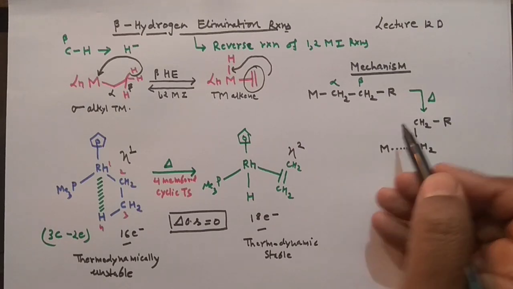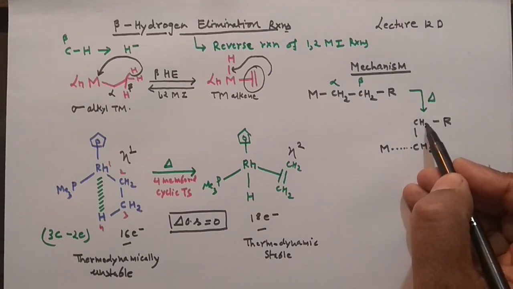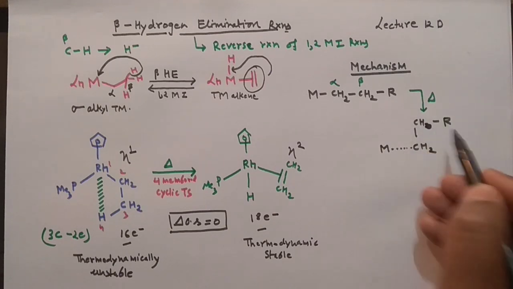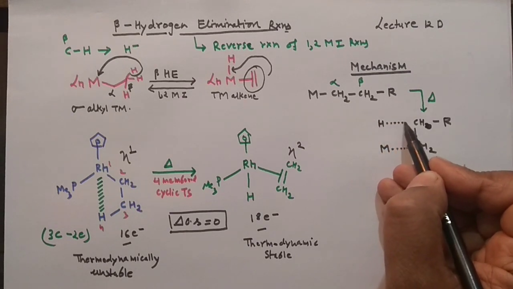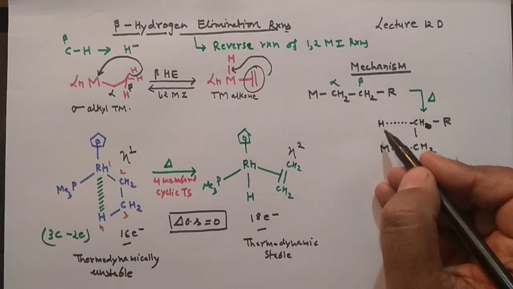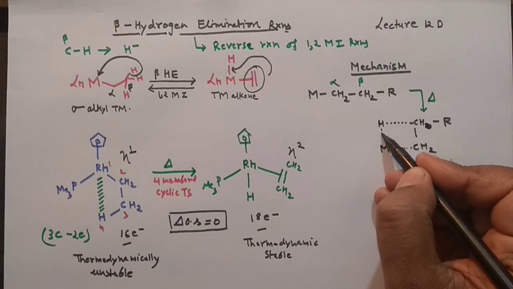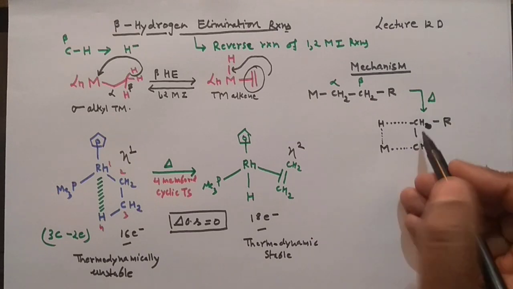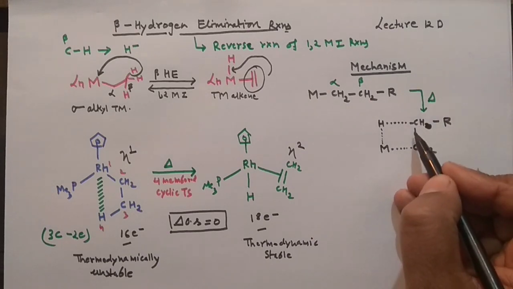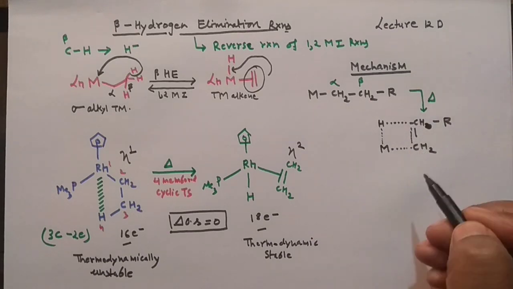In that case my CH2 is there, so I can eliminate my CH2 from here and put my hydrogen here, and this is going to break, and a metal-hydrogen bond is going to form. And of course the bond which was there is also diminishing.